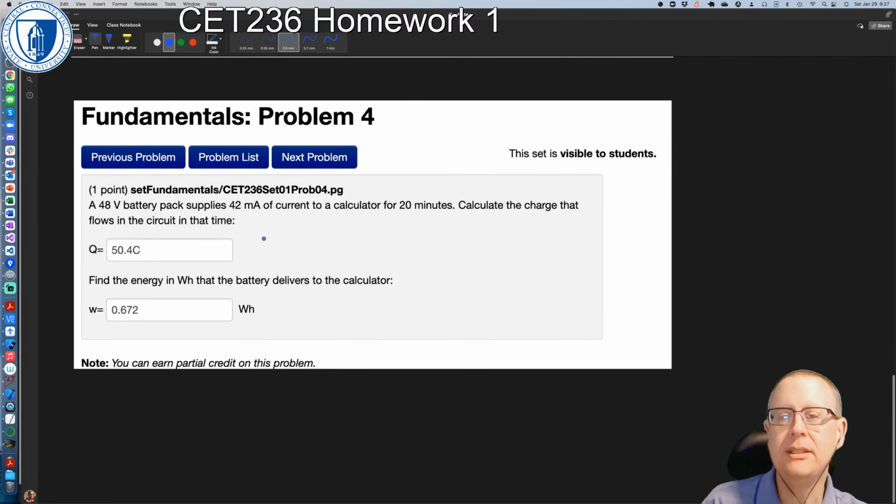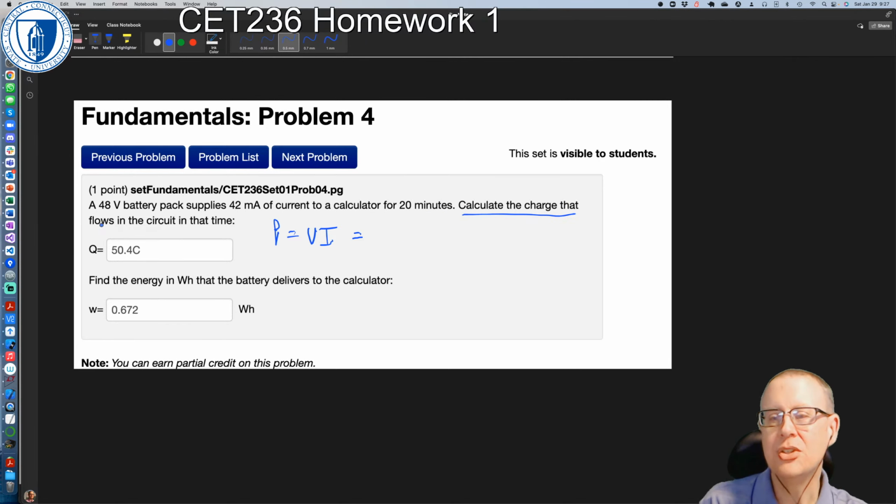P equals VI. Okay, but we want the charge, so we don't need the power. Calculate the charge. Don't need the power just yet. We'll need that for the next part of the question.